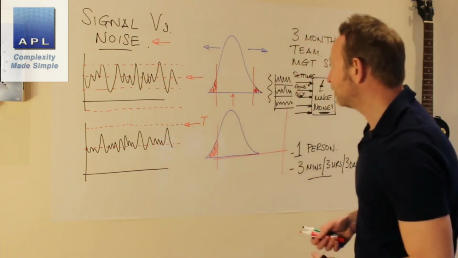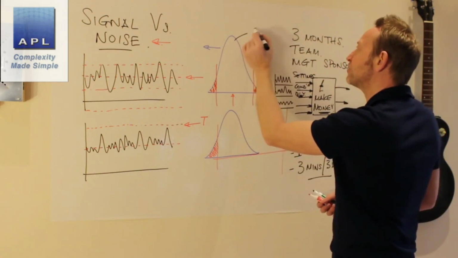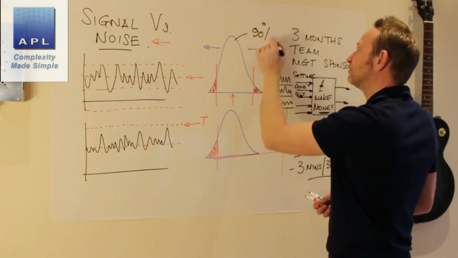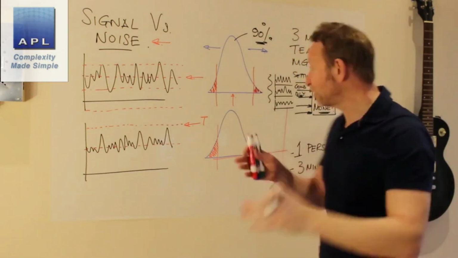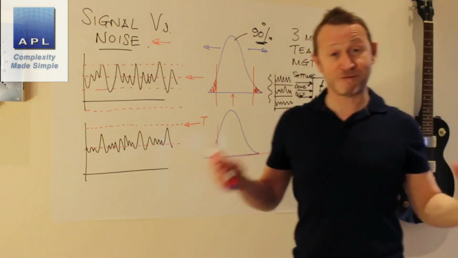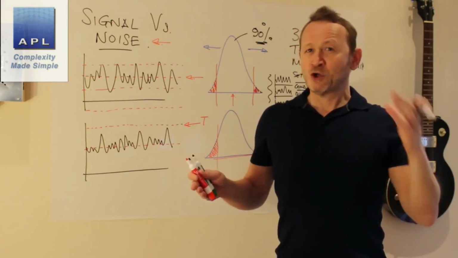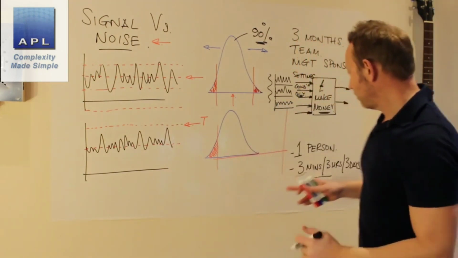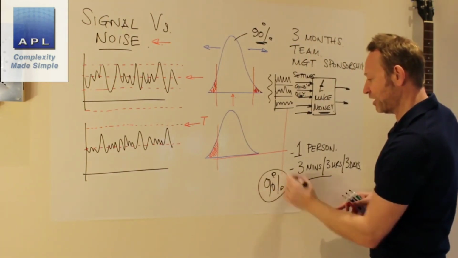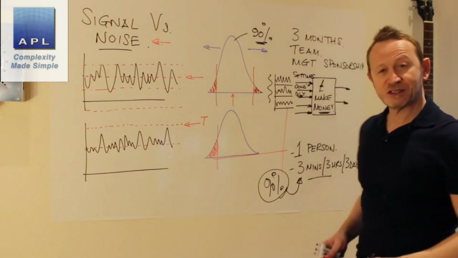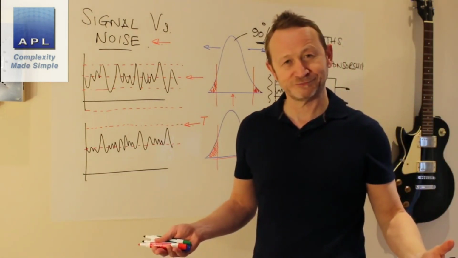Now then, what they typically say is 90% of your problems are noise related. In other words, 90% need 3 months to fix the problem. What are you doing 90% of the time? Well, they say 90% of the time, the action that you're taking is to spend 3 minutes trying to fix it.